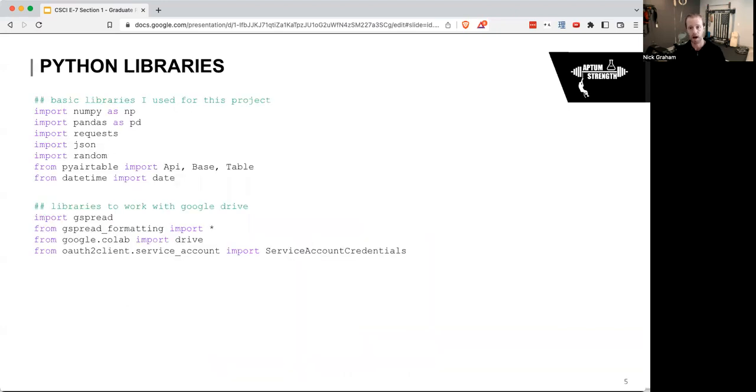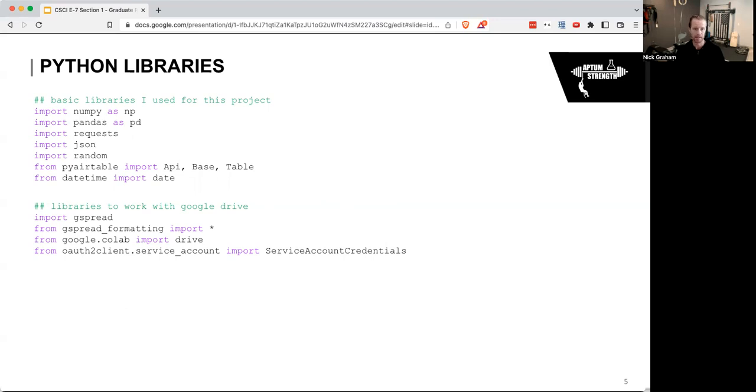Now getting into some of the Python libraries that I used for this project. I used NumPy for the function you just saw, to generate a normal distribution, which I used for calculating sets and reps.